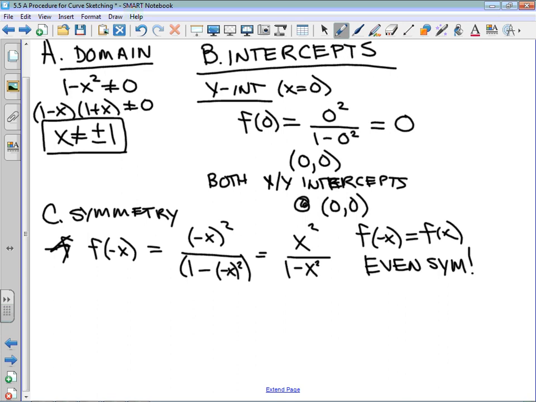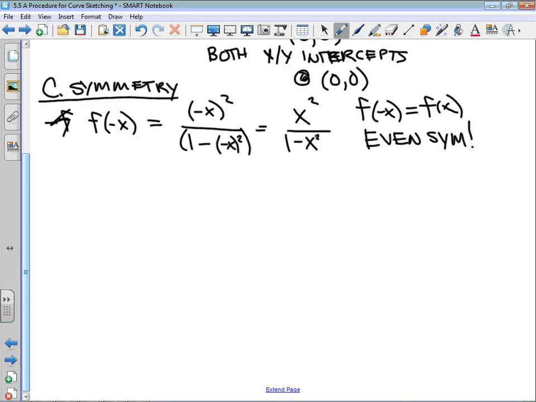And that's useful because we know it's going to be symmetrical about the y-axis, much like if you drew a vertical line through a human being, we would be symmetrical over that vertical line as well.